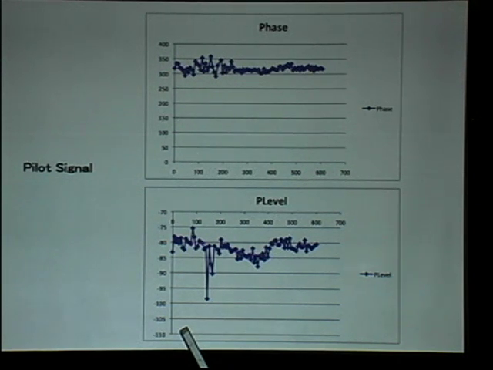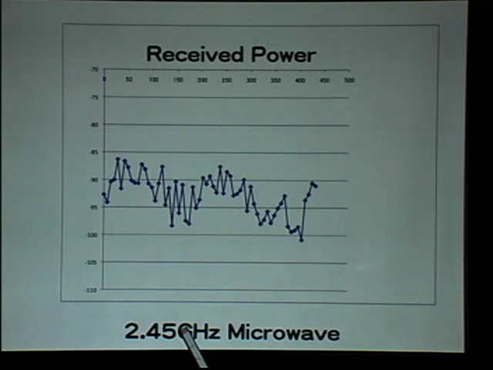You can see it has a large variation, sometimes dropping by 20 dB, so it is not constant. But the phase is almost the same. The frequency is 2.45 gigahertz. You can see this is 10 dB.